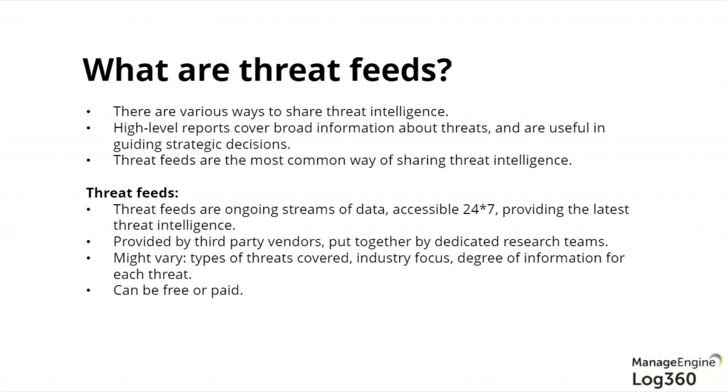So you have threat feeds which vary by the industry as well, and also the degree of information provided for each threat. Does it only give you the IP address of bad actors, or does it also tell you what methods they use? Does it tell you which region they originate from? So all of these are factors based on which threat feeds vary.